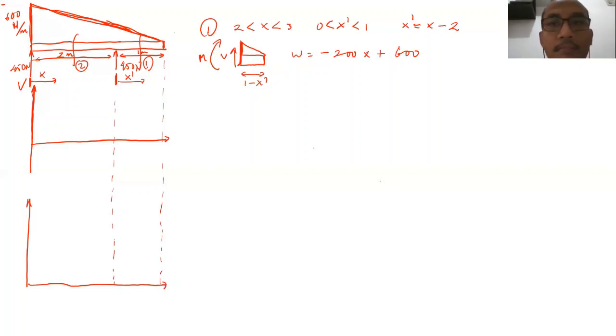So I can replace x here with x action. x will be the same as x action plus 2.